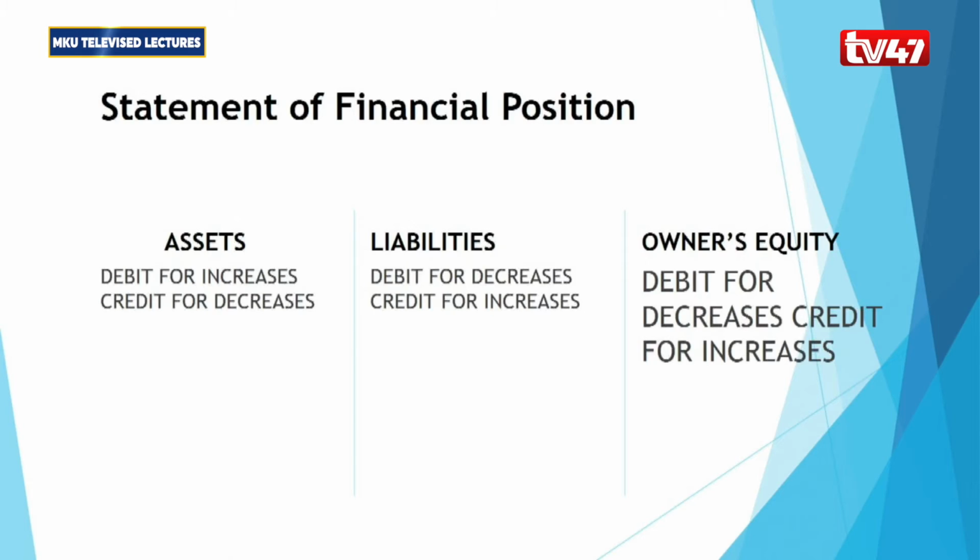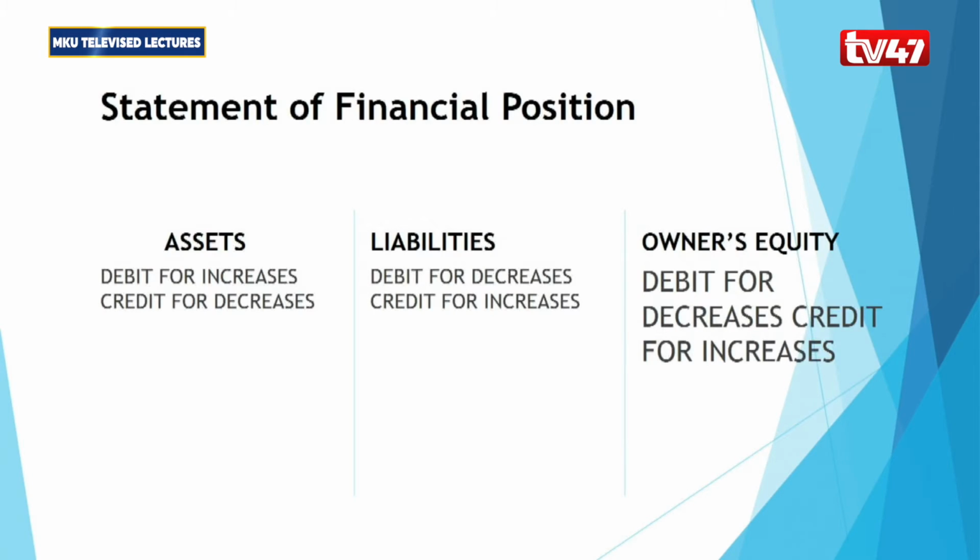Let's take an example in the second scenario where we have liabilities. Liabilities are simply parties that the business owes money. Say, for instance, you acquire stock or inventory from XYZ Limited, who is your supplier. So stock acquired on credit, probably 3,000 shillings.